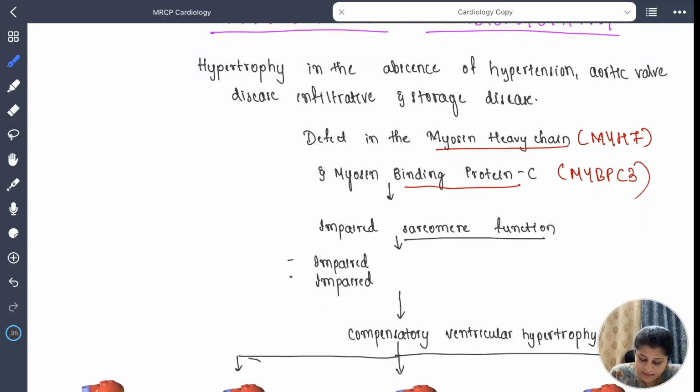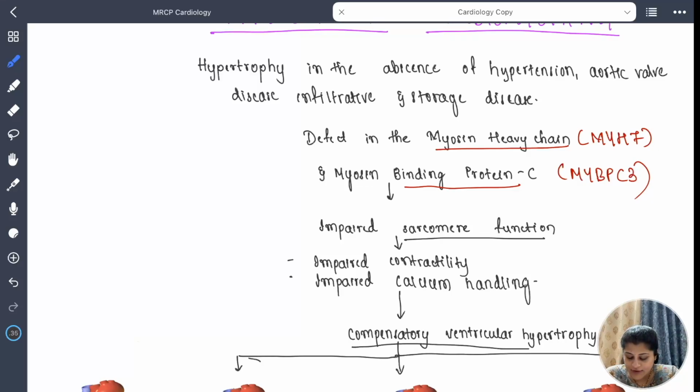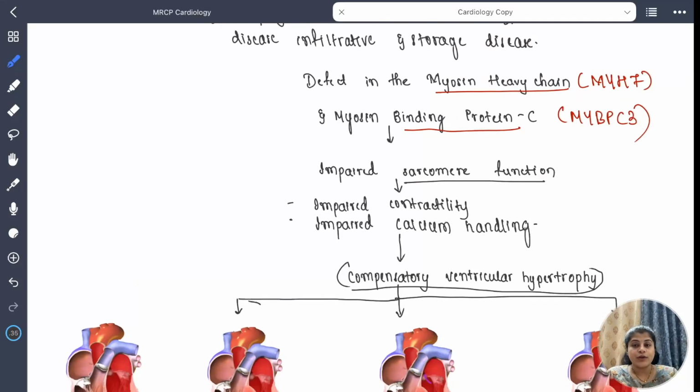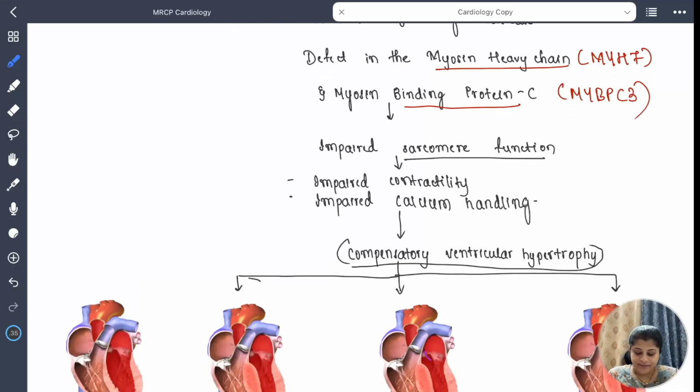There is impaired contractility and impaired calcium handling. These conditions will lead to compensatory ventricular hypertrophy. Is this clear?